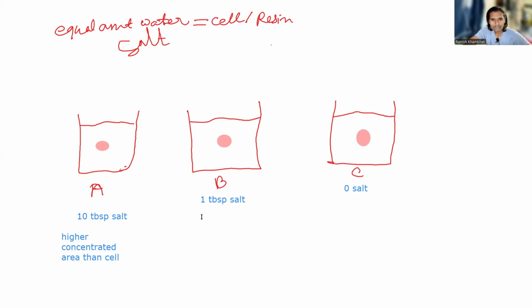But in glass B, let's assume that there is an equal 1 tablespoon of sugar concentration present in the cell cytoplasm.